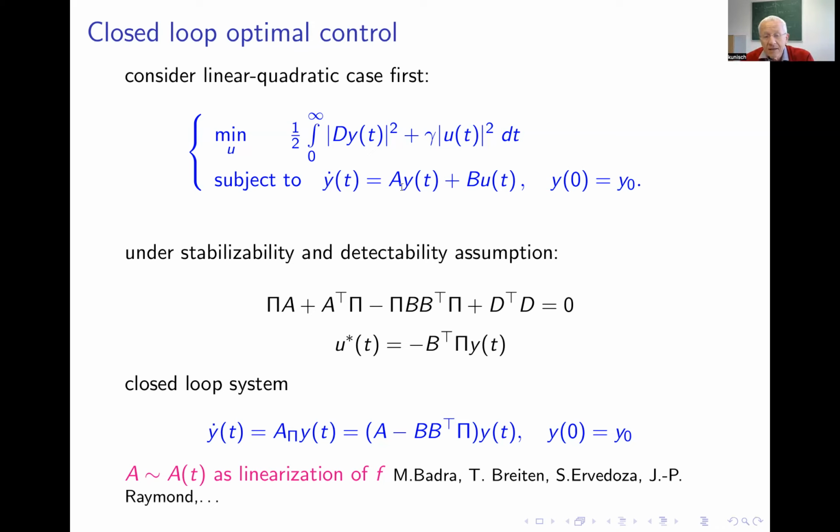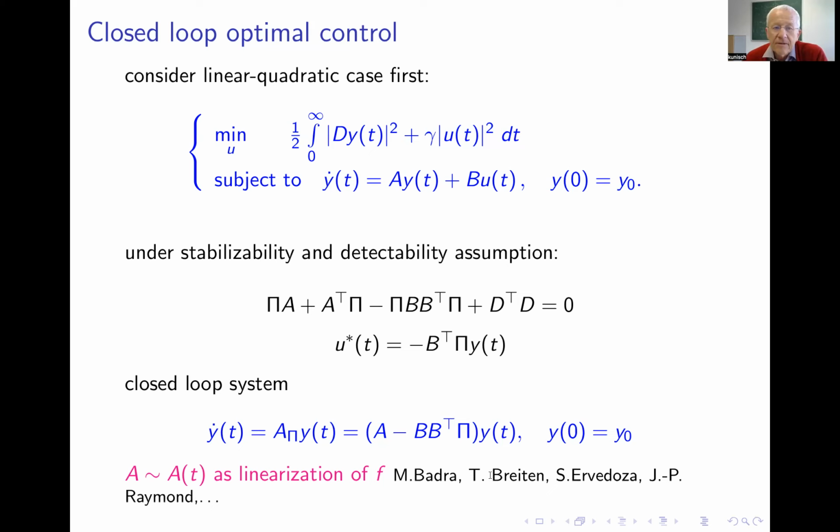They look at the linearized system, which is then, of course, time dependent because of the linearization. And for the linearized system, they do a Riccati feedback synthesis. And this is very effective in practice, and people have proved that this is justified theoretically, at least locally, around a neighborhood of the origin in this case.